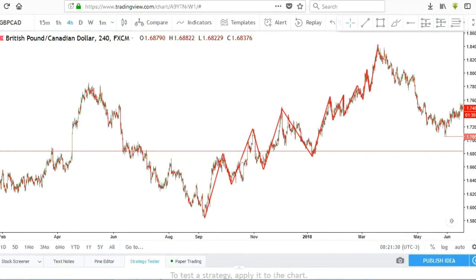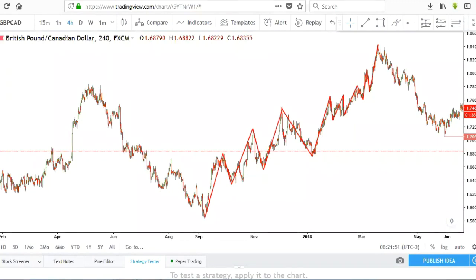Okay, and you can see it broke the lows here. As you can see the straight line here, it broke it impulsively to show that it's changing the direction.